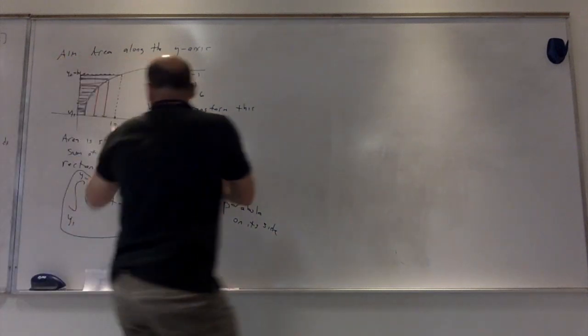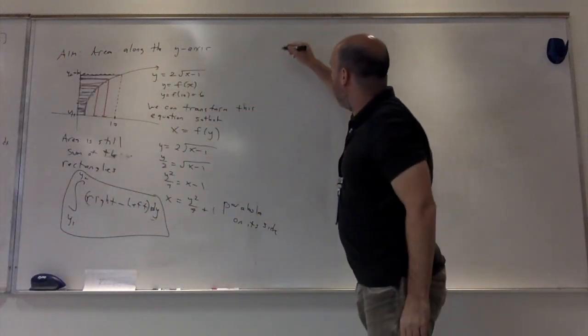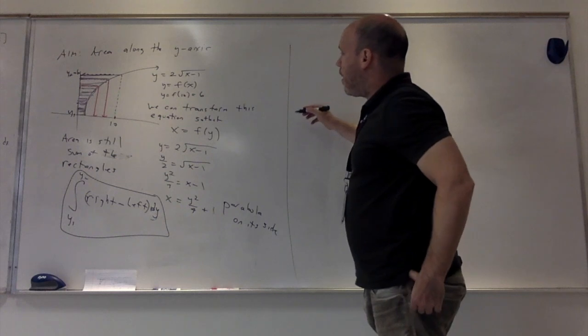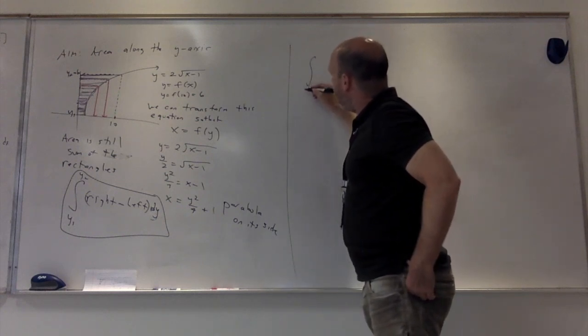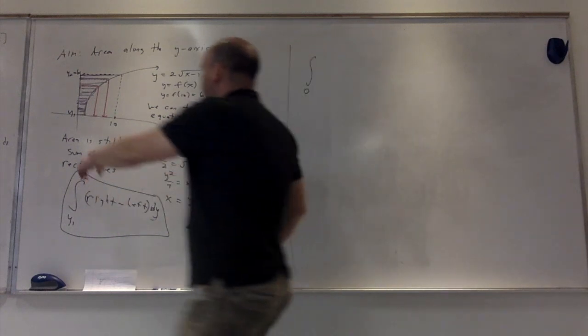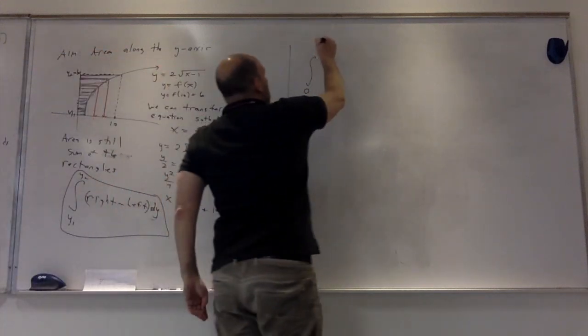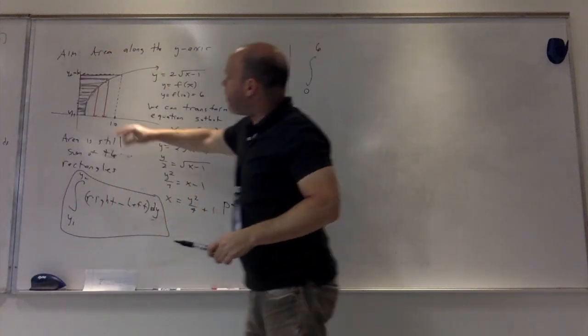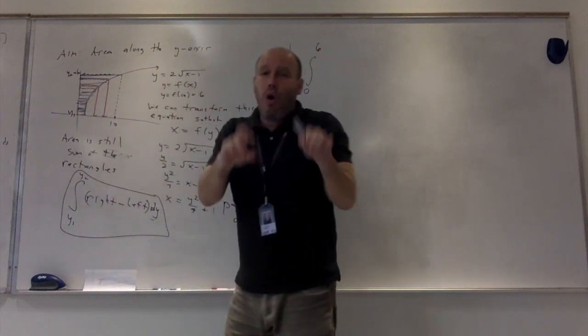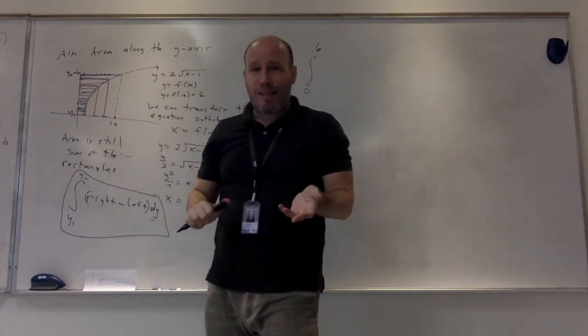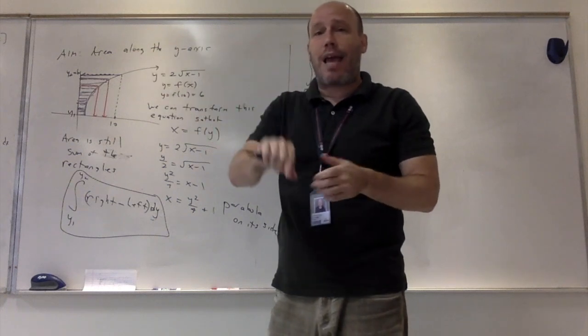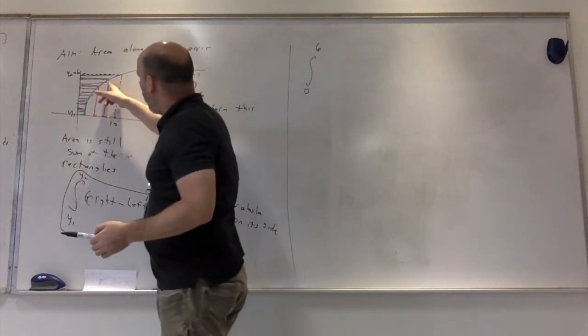So how do we find the purple area? Once again, the rectangles start at 0 and they go up to 6. Let's not talk about the height of the rectangles, let's talk about the length of the rectangles. Let's imagine this is a broken ruler.